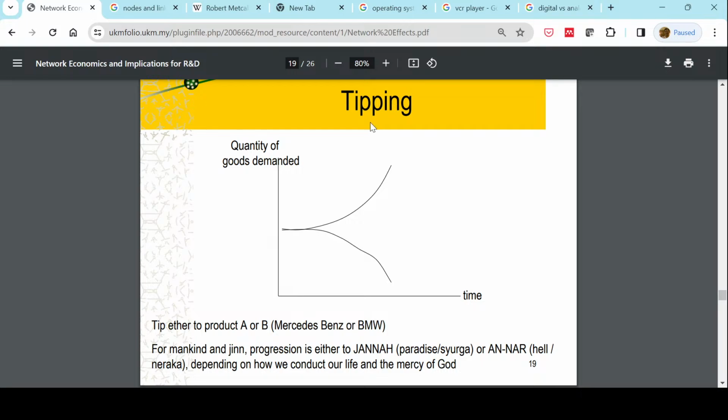That happened already in search engines. Google became the winner. Yahoo came even before Google. But Yahoo today, what happened to Yahoo as a search engine? So that is tipping. The more people use Google, the less people use Yahoo.